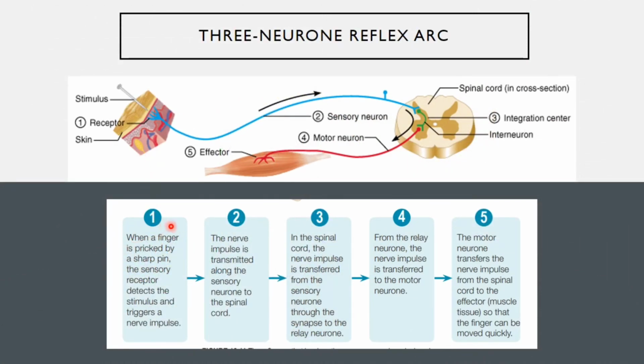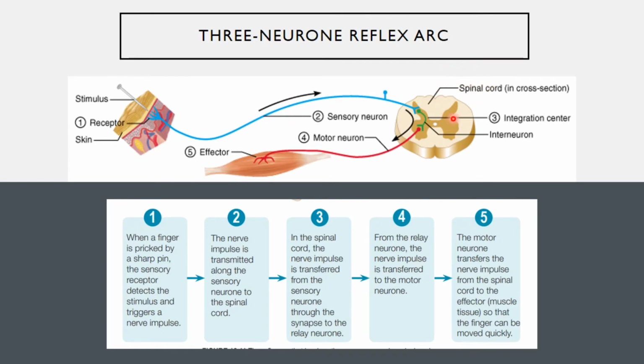At first, when a finger is pricked by a sharp pin, the sensory receptor detects the stimulus and triggers a nerve impulse. And then the nerve impulse is transmitted along the sensory neuron to the spinal cord.